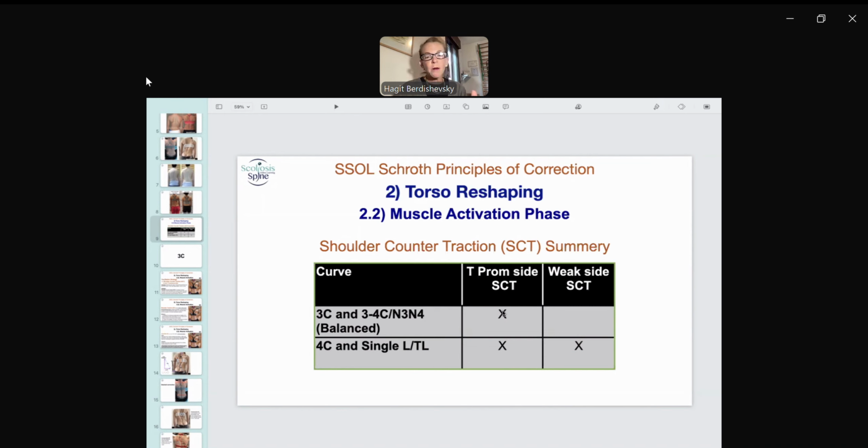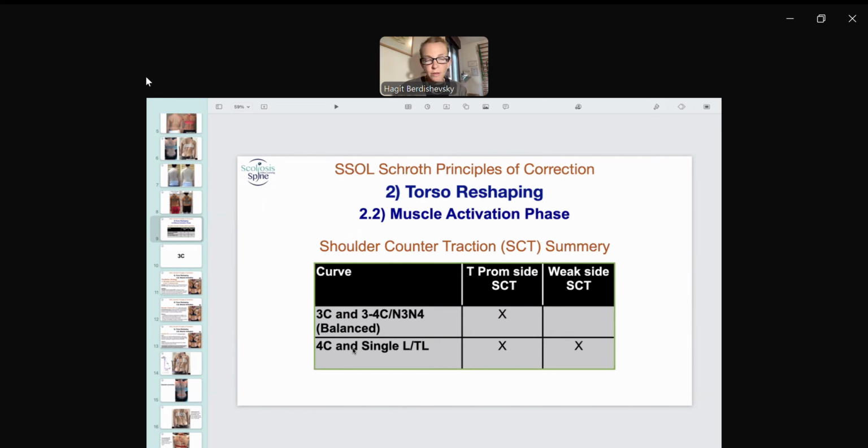They will always practice shoulder counter traction on the thoracic prominent side, mainly only, let's say only, on one curve type, maybe there can be something else, a subtype, but this is it. The 3C and the 3-4C, that's only on the thoracic prominent side, and I will explain why.